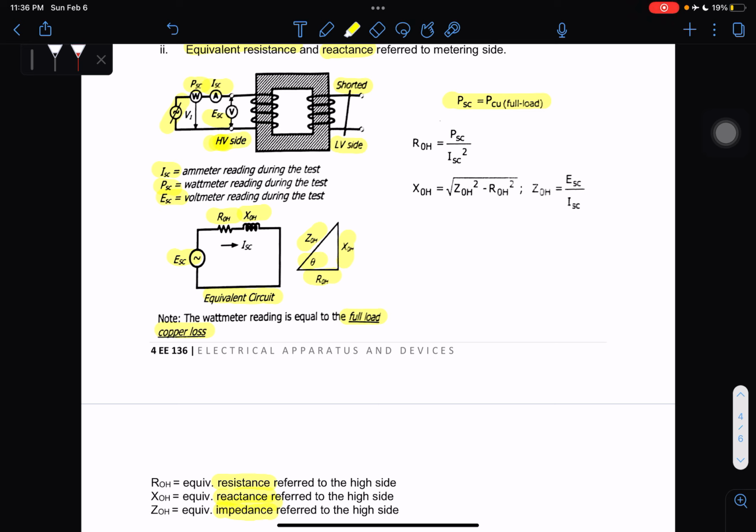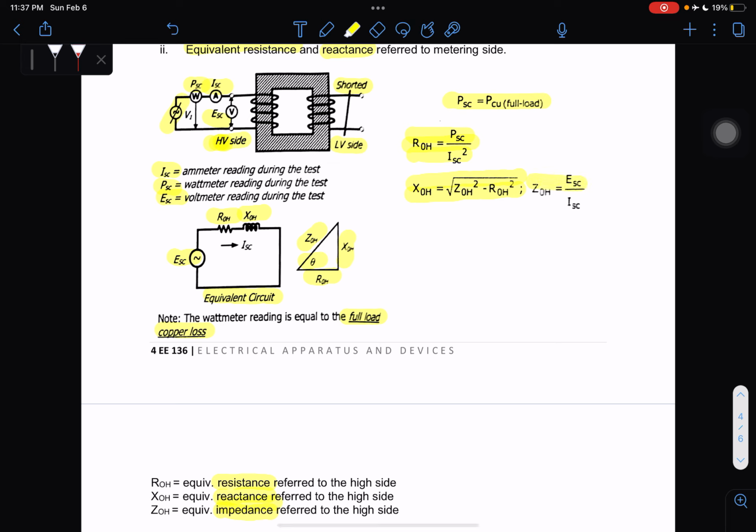The formula for solving the equivalent resistance: ROH is equal to PSC divided by ISC squared. To solve for the equivalent reactance, XOH is equal to the square root of the impedance of the high side squared minus the resistance squared referred to the high side.